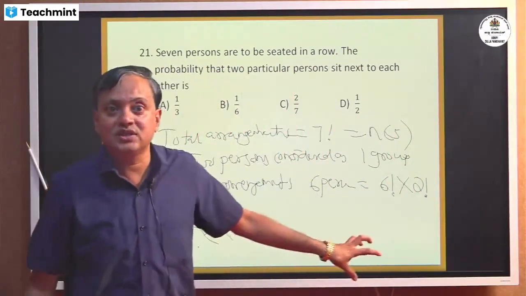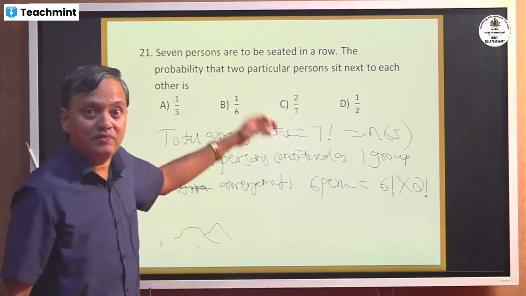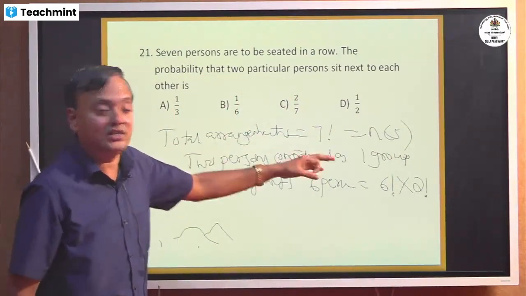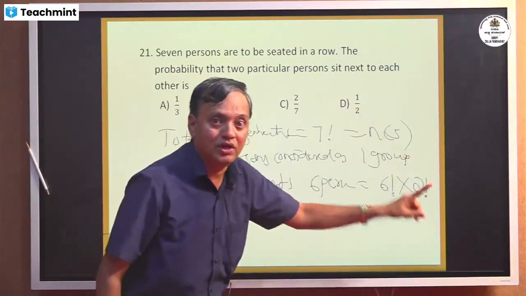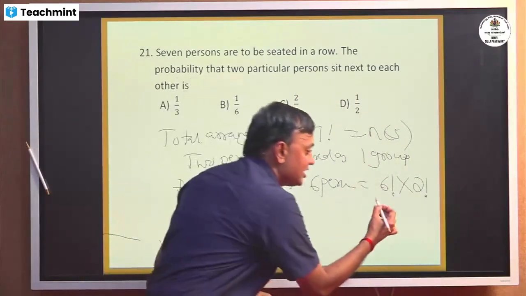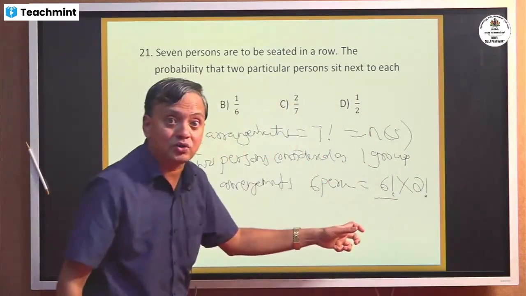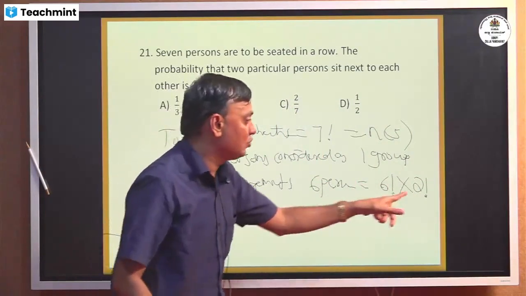So this is the number of arrangements of 7 persons in which 2 particular persons sit next to each other. Among 6 factorial, those 2 particular persons can be arranged in 2 factorial ways.